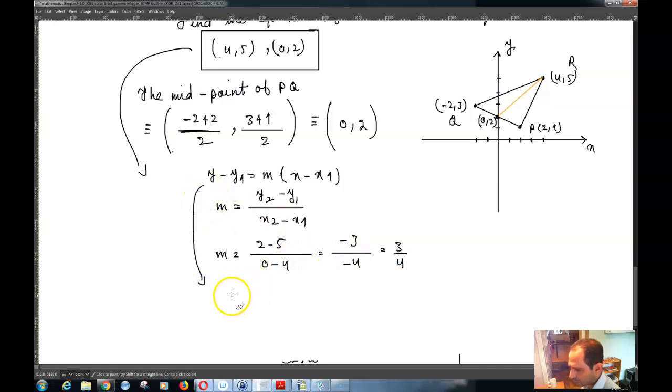And so the equation of the line becomes, I will choose this point for example, y minus 2 is equal to 3/4, which is your m, times x minus x1. x1 is equal to 0, so times x.